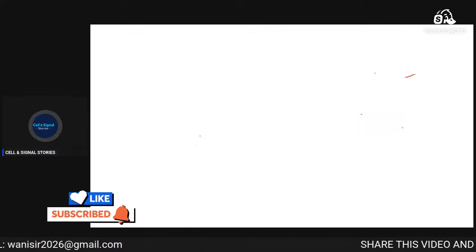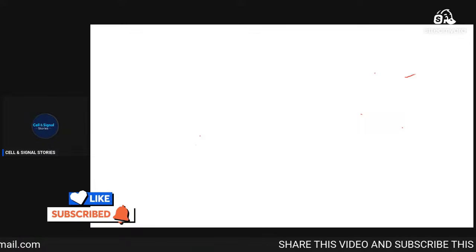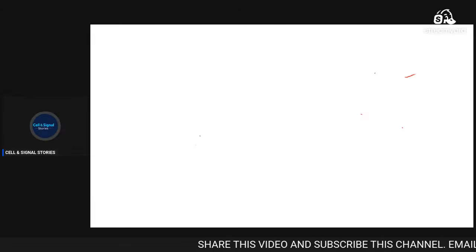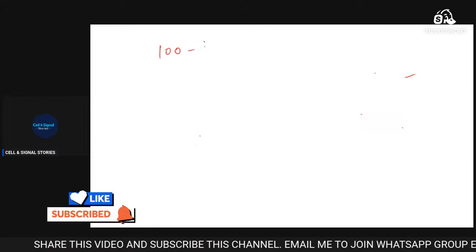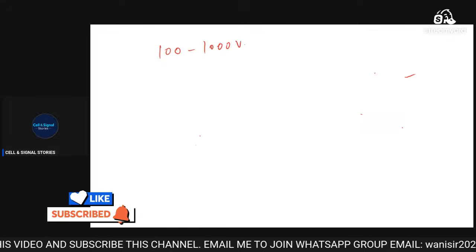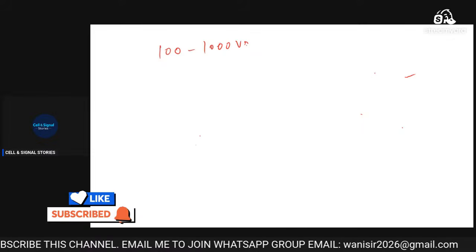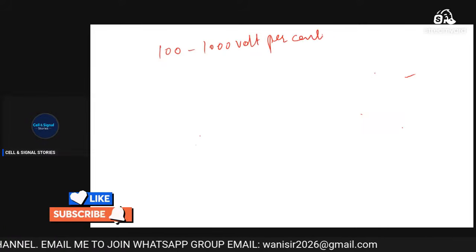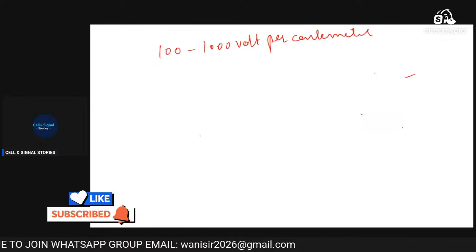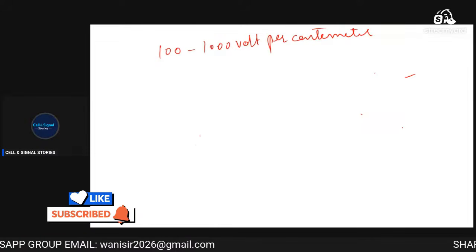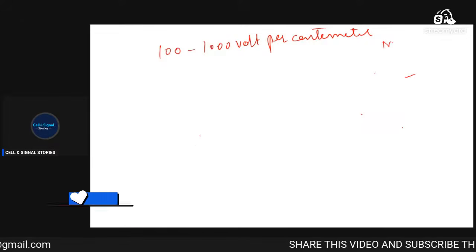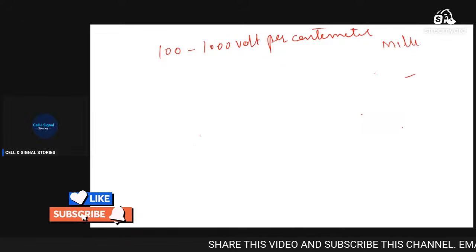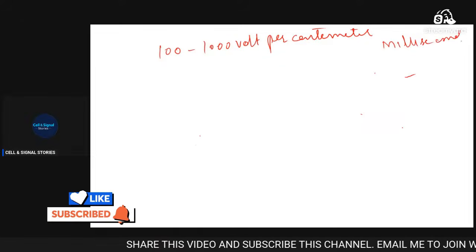A short pulse of high voltage, typically on the order of 100 to 1000 volts per centimeter, is given, depending upon the cell type, for milliseconds, not seconds.